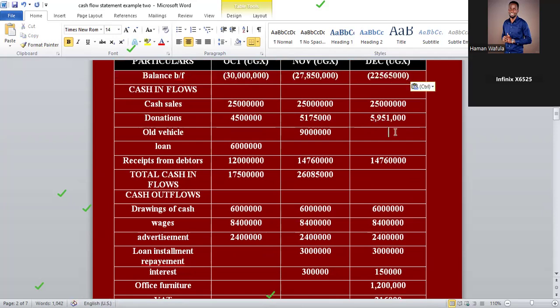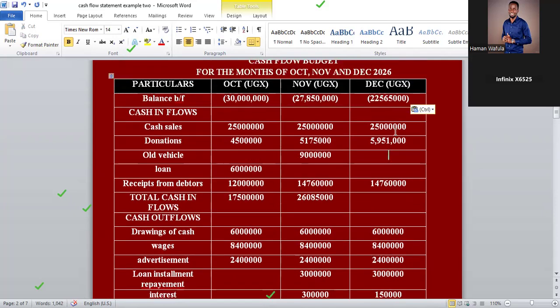Then we do the same: we add the inflows for December. 25 million, 5,951,000, 14,760,000. So here our total is 23,146,000.